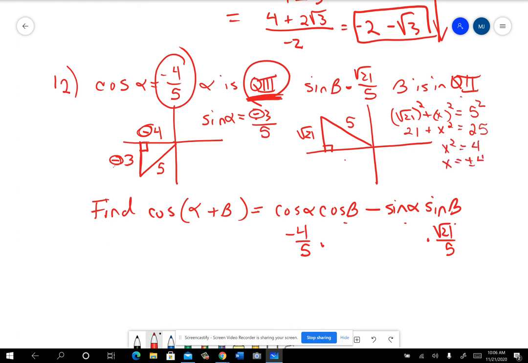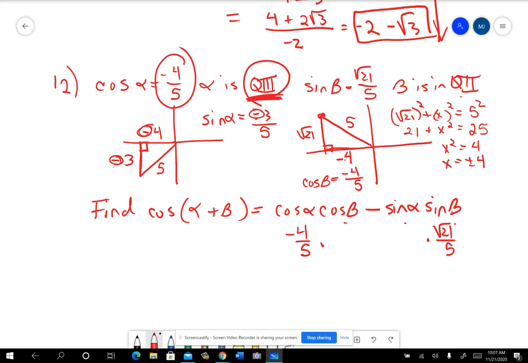So x is either positive or -4. So the length is 4, but it's to the left. So this point would be to the left 4 and up 5. So I'm going to put a negative on it. And then in the formula, I already have the sine. I just need the cosine of beta. Now that I know that missing side, I know cosine would be -4/5.